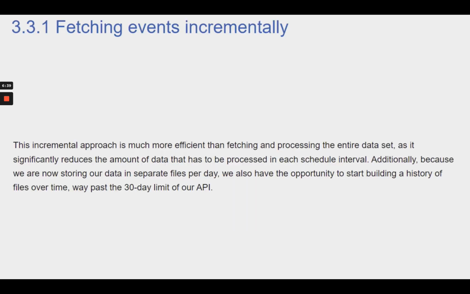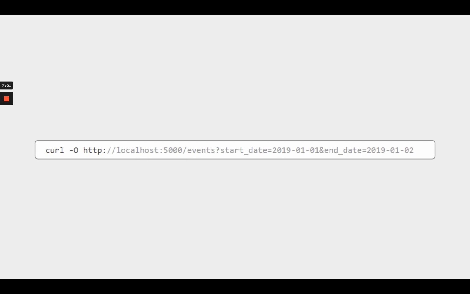This incremental approach is much more efficient than fetching and processing the entire dataset, as it significantly reduces the amount of data that has to be processed in each schedule interval. Additionally, because we are now storing our data in separate files per day, we also have the opportunity to start building a history of files over time, way past the 30-day limit of our API.